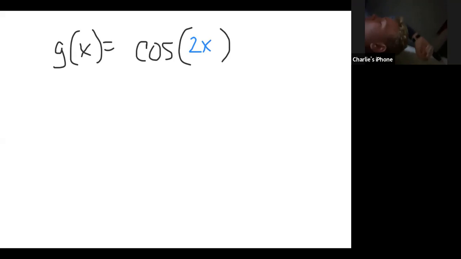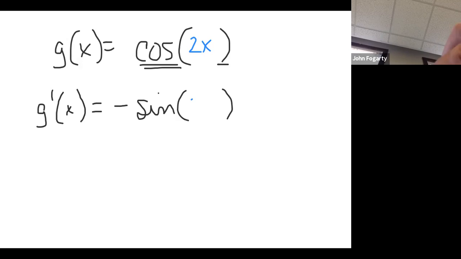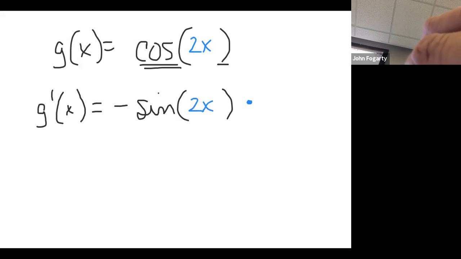So what we're going to do is find the derivative of that. Well, the derivative of cosine is what? Negative sine, but not of x, but of 2x. And to that, we're going to multiply the derivative of that.